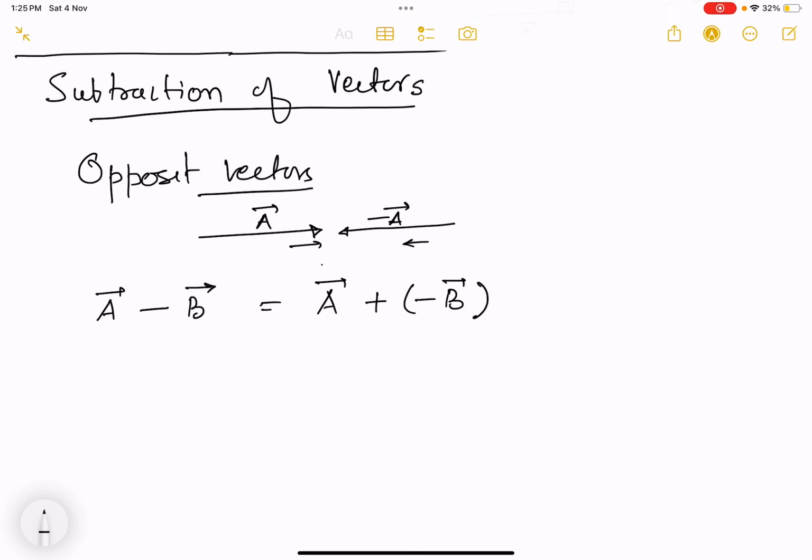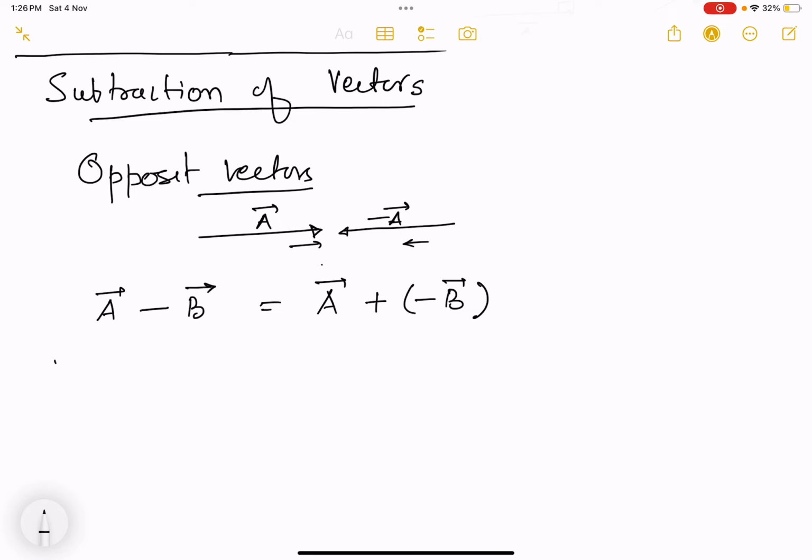Vector minus B is the opposite of vector B. So to subtract vector B from vector A, I am making vector B opposite and adding it to vector A. To subtract a vector from the other, all you need to do is take the opposite of the vector and add it to the other vector.